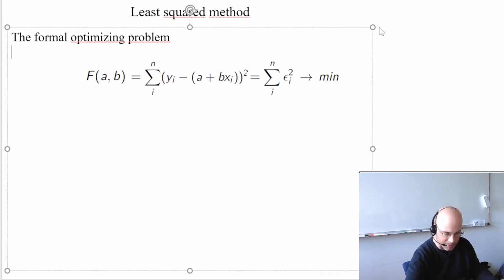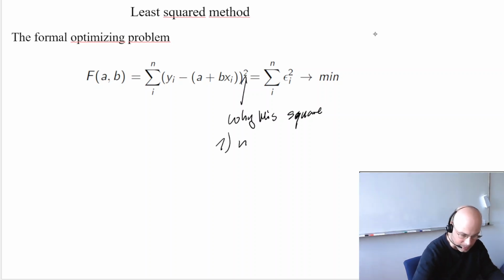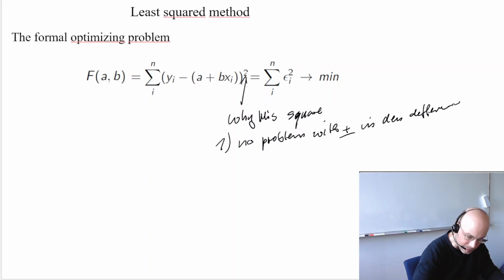So this is our optimizing problem. So this square. So at first we can say no problem with plus minus in the difference y minus y hat.